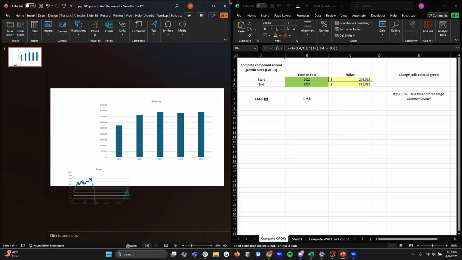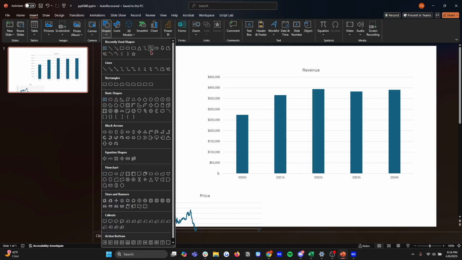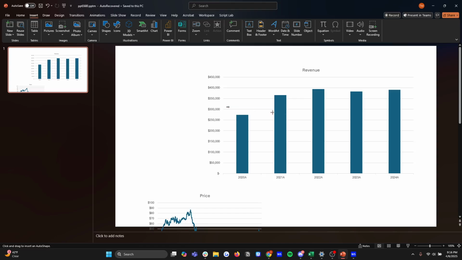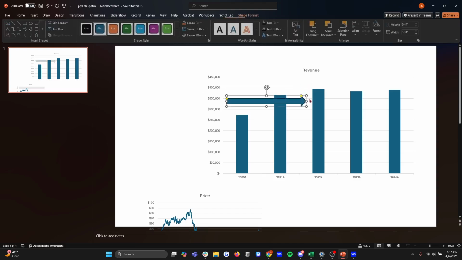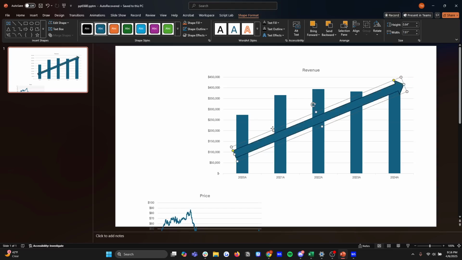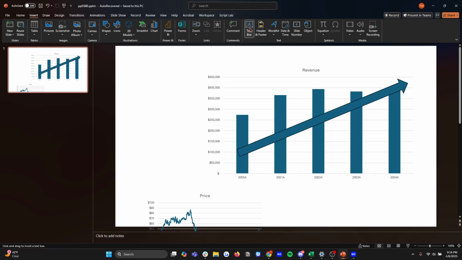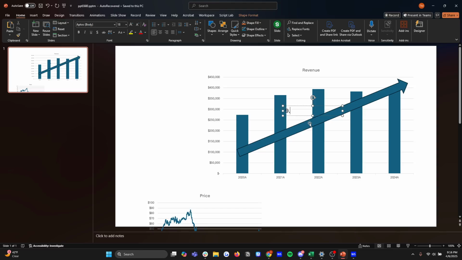I could insert a shape, maybe use like an arrow, maybe use like a thicker arrow, something like this. And then basically do something like this, make it a little prettier, hopefully, right? Maybe make it blend in with the back. I don't know. And then insert a text box. I think it was like 9.63%.